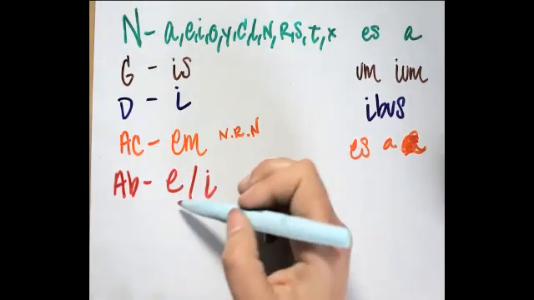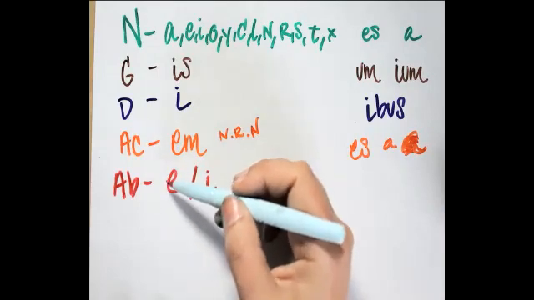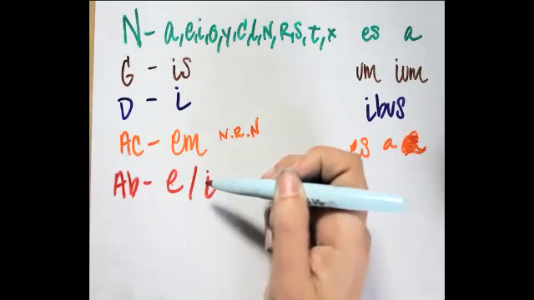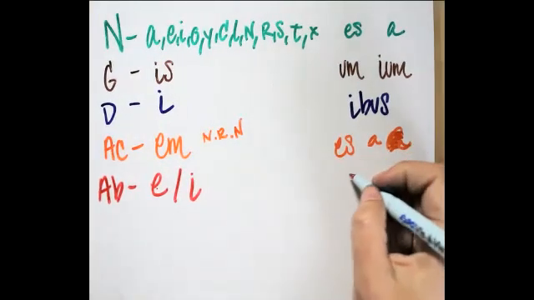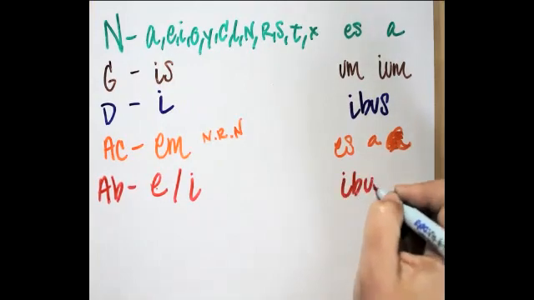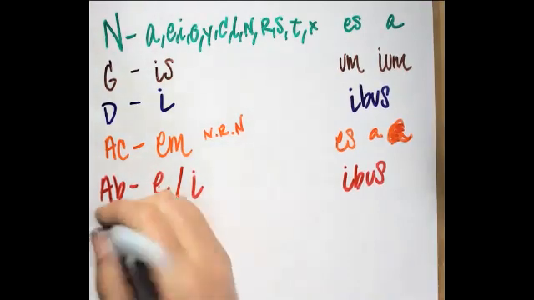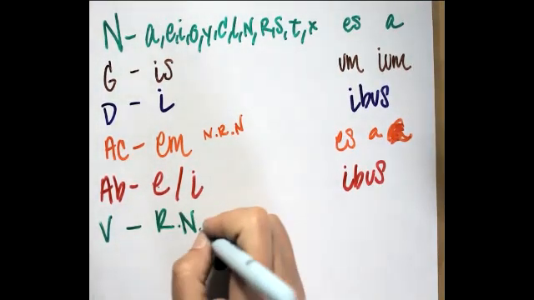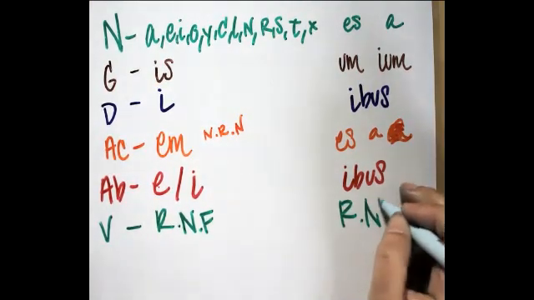And in the plural, everybody ends in ibus. And then your vocative just repeats the nominative form, and the plural too repeats the nominative form.